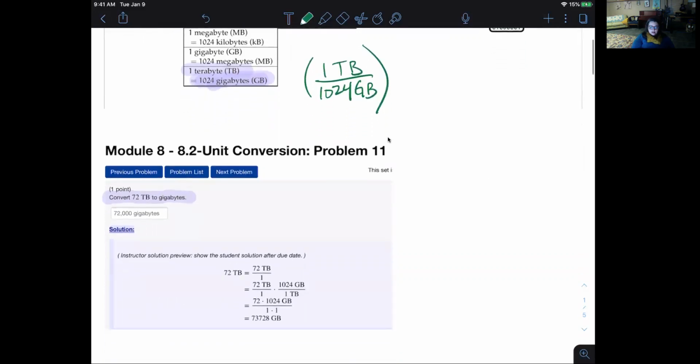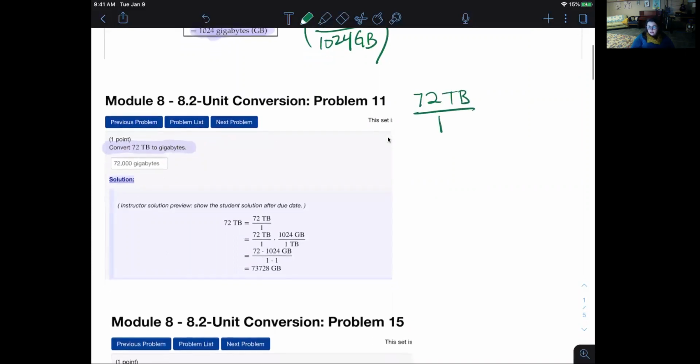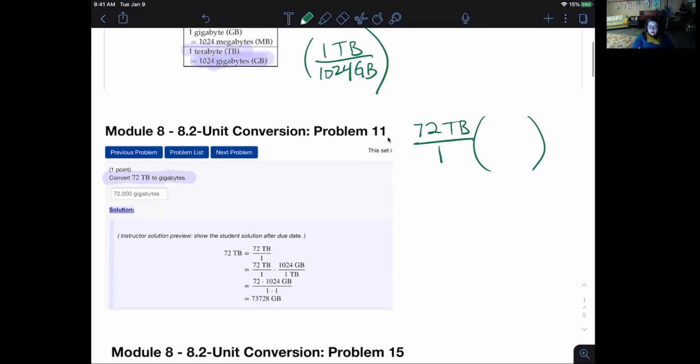So when we set this up, we can say 72 TB over 1 to make it a fraction, because it's not a rate. Then we want to multiply by the conversion factor, set up so that just like fractions, it will cross cancel.